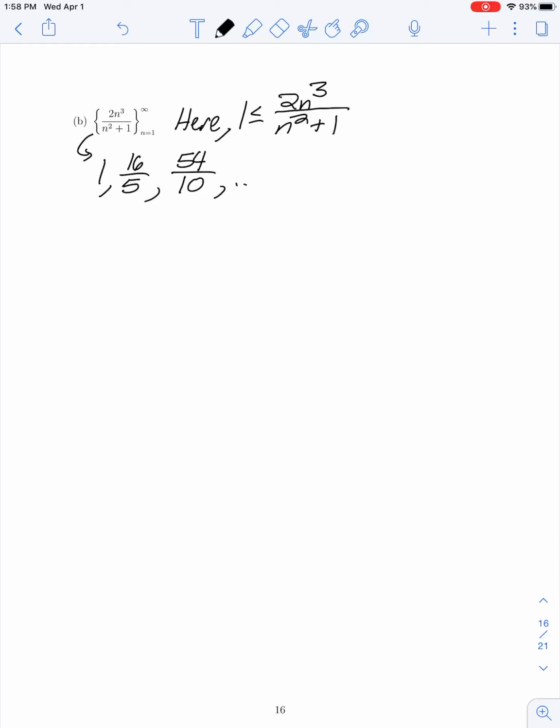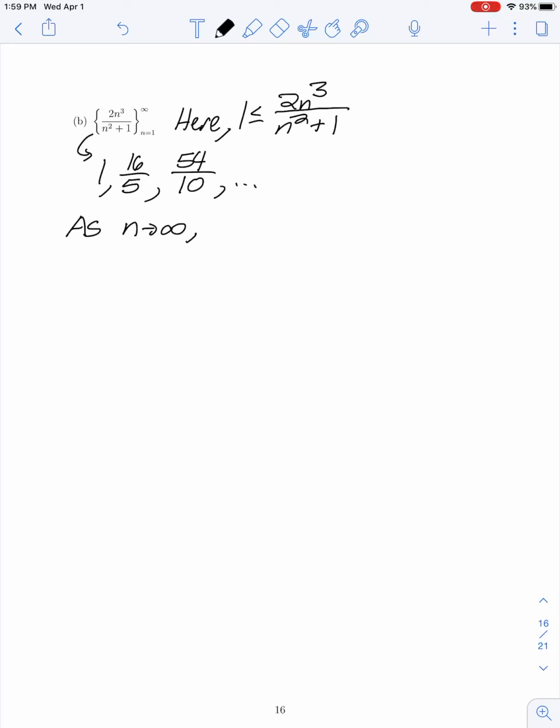Then the next term, if n was 3, we would have 2 times 27, or 54, over 10, which is a little larger yet, and so on. So the smallest value that our sequence is going to take is its first value. As we're increasing the value of n, the terms of our sequence seem to be getting larger. So we see that our sequence is bounded below by 1.